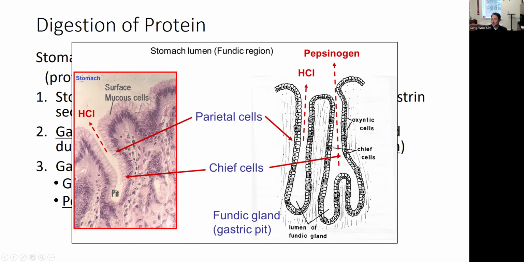The chief cells secrete the pepsinogen. We'll talk about this soon. Pepsinogen is secreted into the lumen of the stomach, but it doesn't do anything yet. This is an endopeptidase, but it's not active yet. It should be activated. This activation is done by hydrochloric acid. The low pH will convert pepsinogen to pepsin, which is an active endopeptidase.